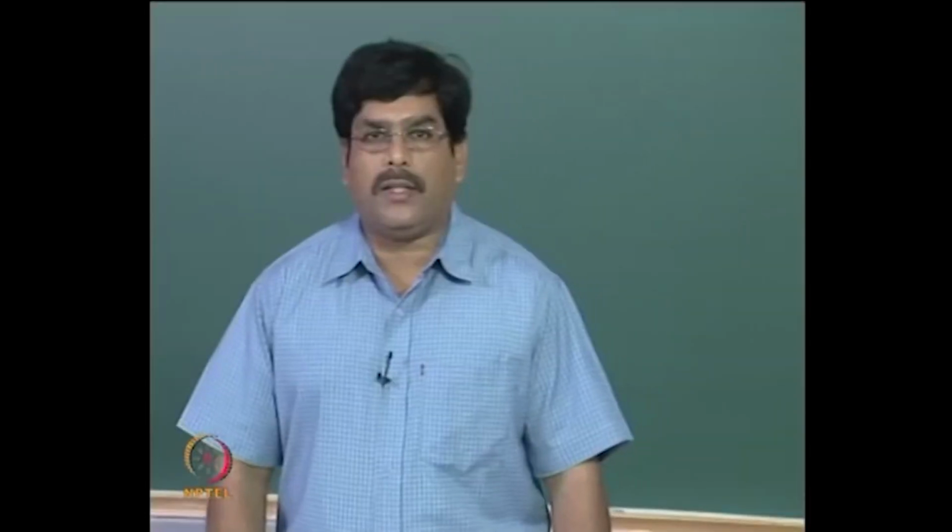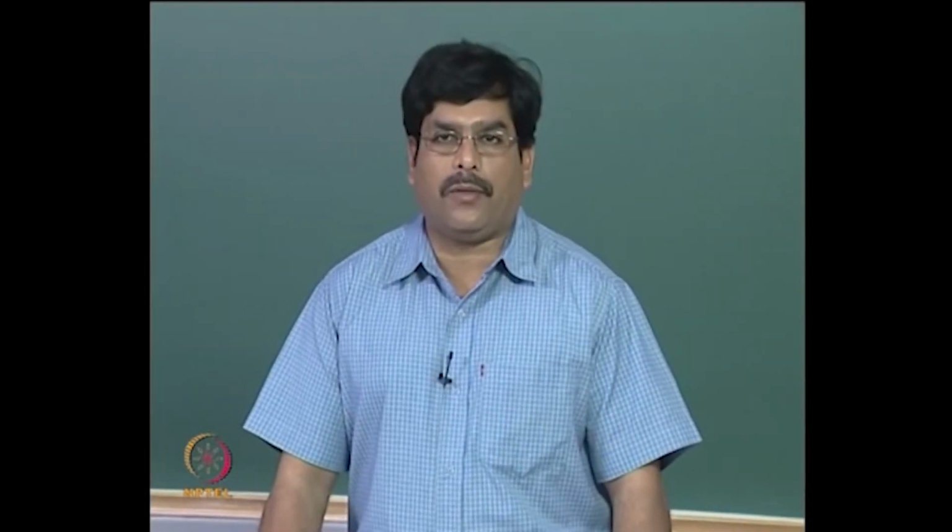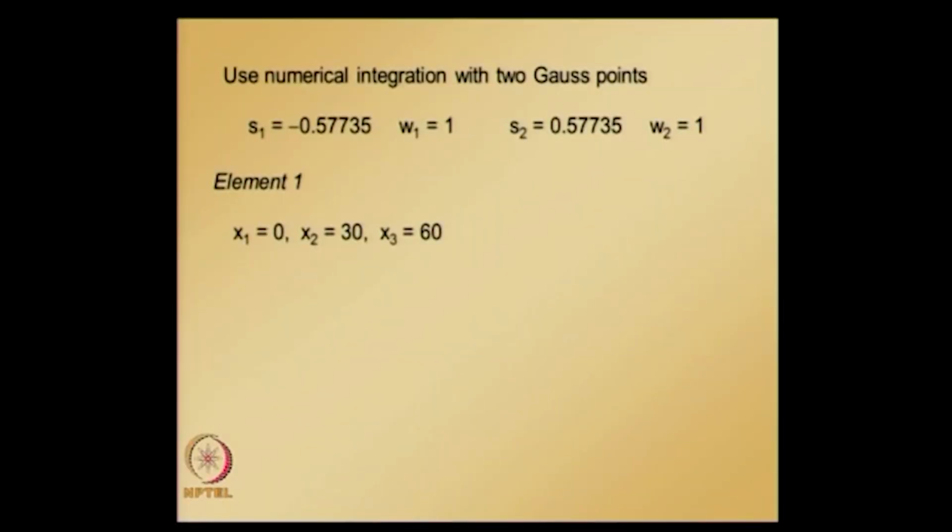So, for element 1, 3 nodes, the corresponding nodal coordinates x1, x2, x3 are shown, and once we have x1, x2, x3 values, we can easily evaluate the Jacobian J. We can easily calculate the Jacobian value, which turns out to be a constant 30, because all the nodes are equispaced or uniformly distributed.